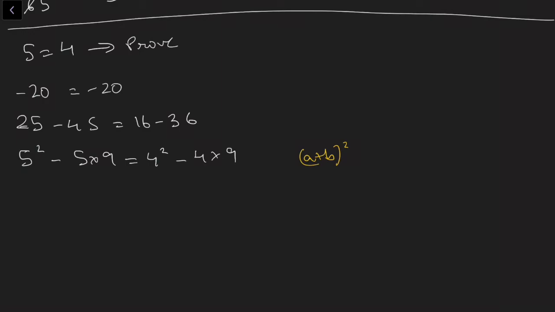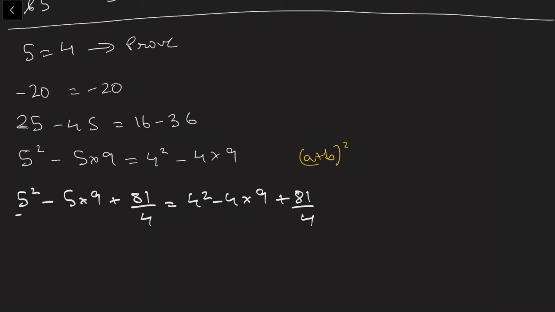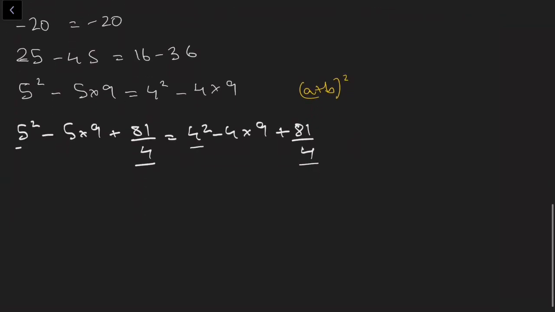Now we're gonna add 81 by 4 on both sides so that we can get a perfect square. So let's see, 5 square minus 5 into 9 plus 81 by 4 is equal to 4 square minus 4 into 9 plus 81 by 4. And now 5 square is a perfect square, 4 square is a perfect square, and 81 by 4 is a perfect square. So let's write that in terms of a perfect square formula.